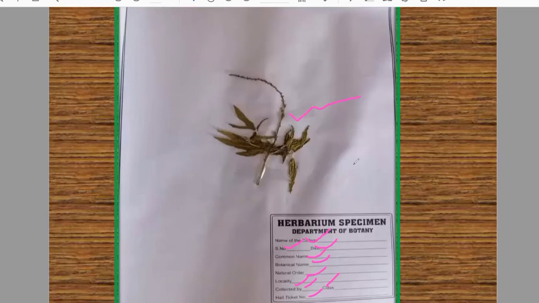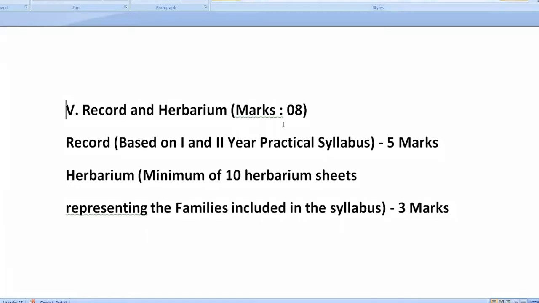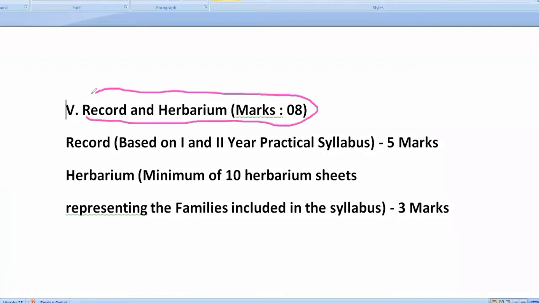So in intermediate you have marks for herbarium along with the record and viva. In the intermediate of Telangana state, regarding the viva, record and herbarium, both have 8 marks.